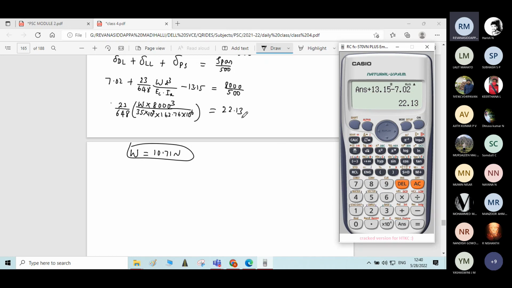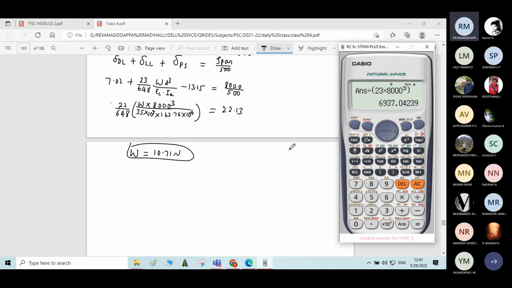Okay, so 22.13 into 648 into 35 into 10 power 3 into 162.76 into 10 power 6 divided by 23 into 8,000 cube. The answer is different, no? Yes.